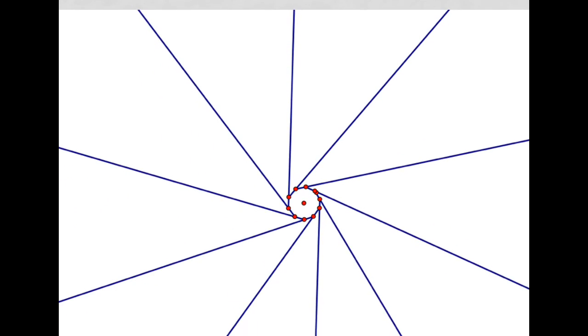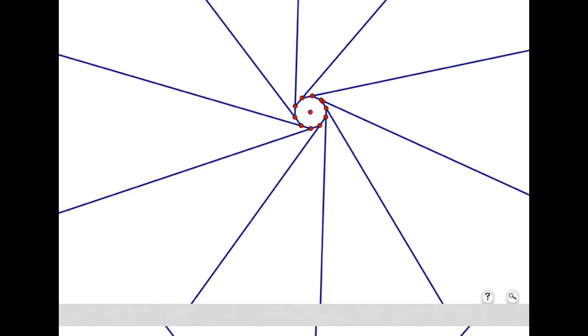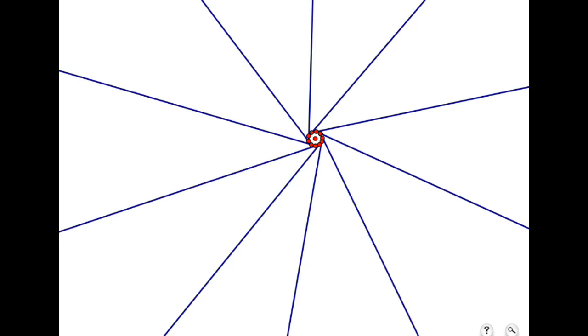Now, notice that it's starting to look like a what? Instead of a polygon, it's starting just to look like a circle, right? Now, I've got my little circle here, and as I shrank the polygon down to a small size, what do we notice about all of these angles when they're added together?